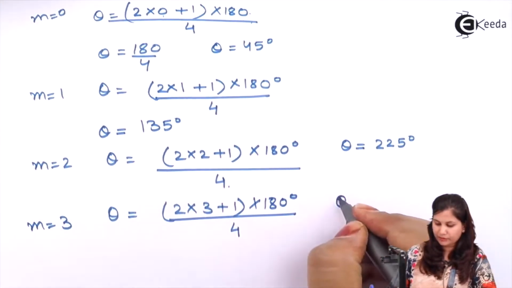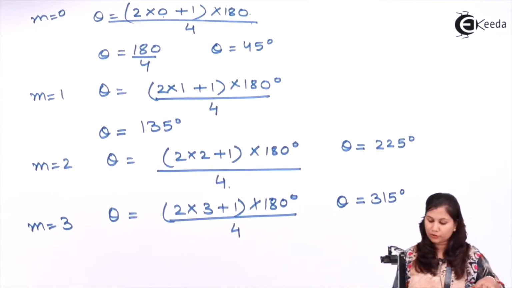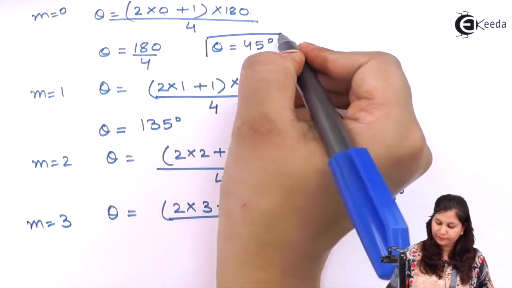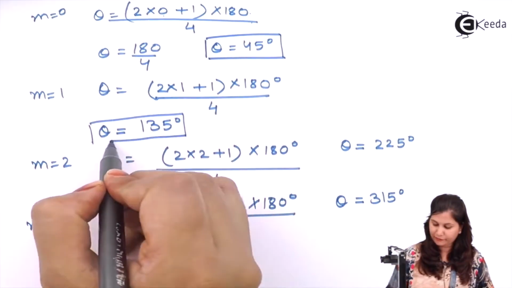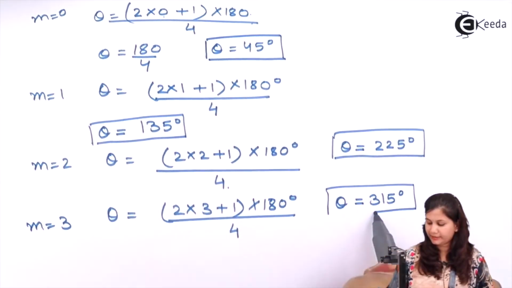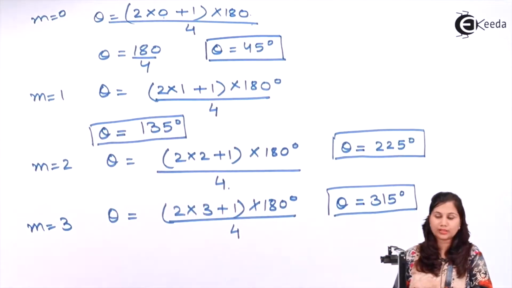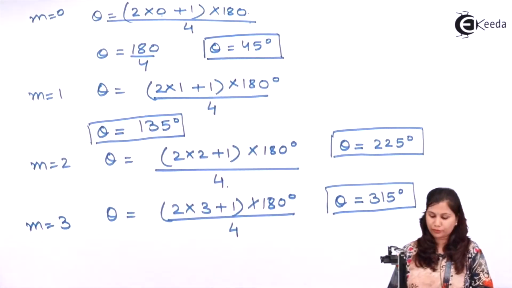So here theta will be equals to 315 degrees. So we have got 4 values of theta. For m equals to 0, we have 45, then 135, then 225 degrees, and then 315 degrees. So these are the 4 asymptotes, okay, and these are the angles of the asymptotes.